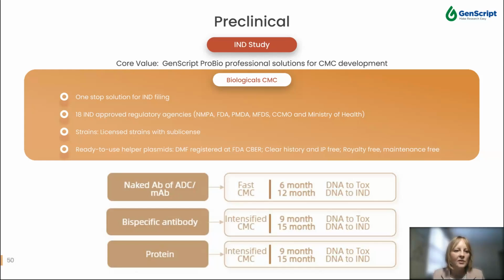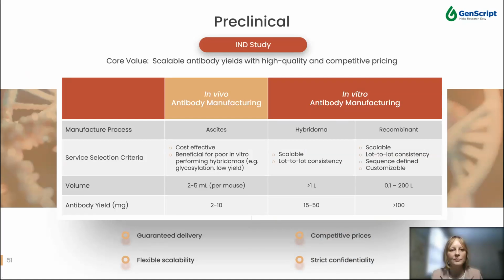The service is specifically designed to address the critical aspects of biologics development, including process development, manufacturing, and quality control, ensuring the smooth transition from preclinical research to clinical trials.